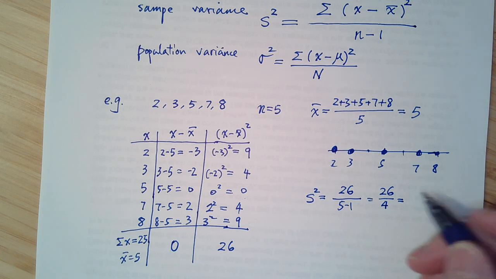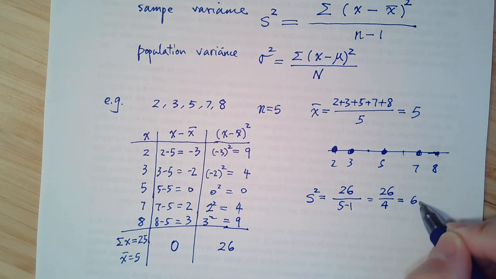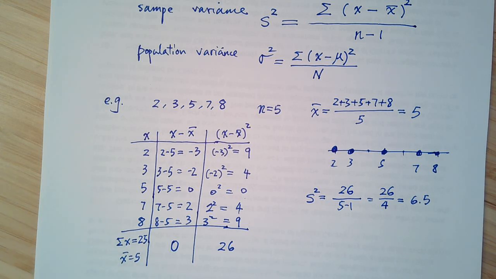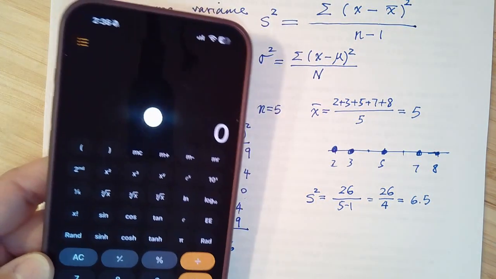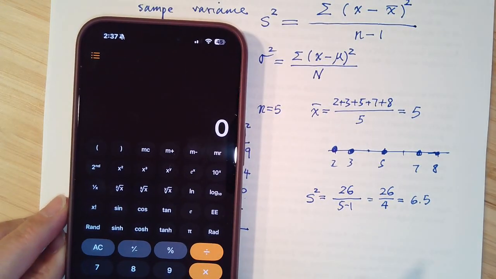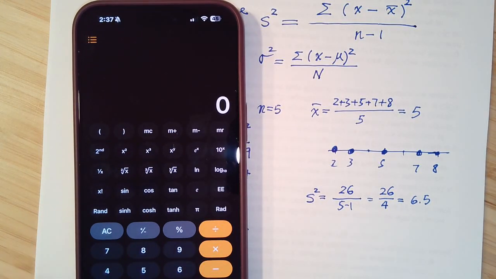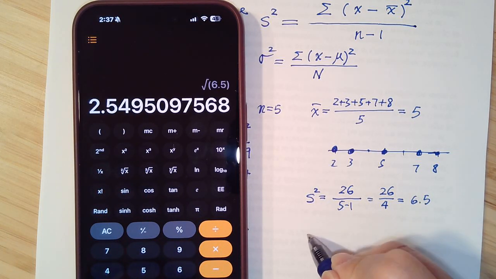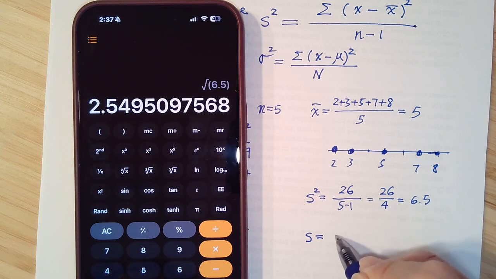Okay, so that is 6.5, and that is my variance, the sample variance. All right, just by looking at this, you probably still don't know the meaning, but the next step, you're going to use a calculator to find the square root of 6.5, which is s. And that is 2.55.